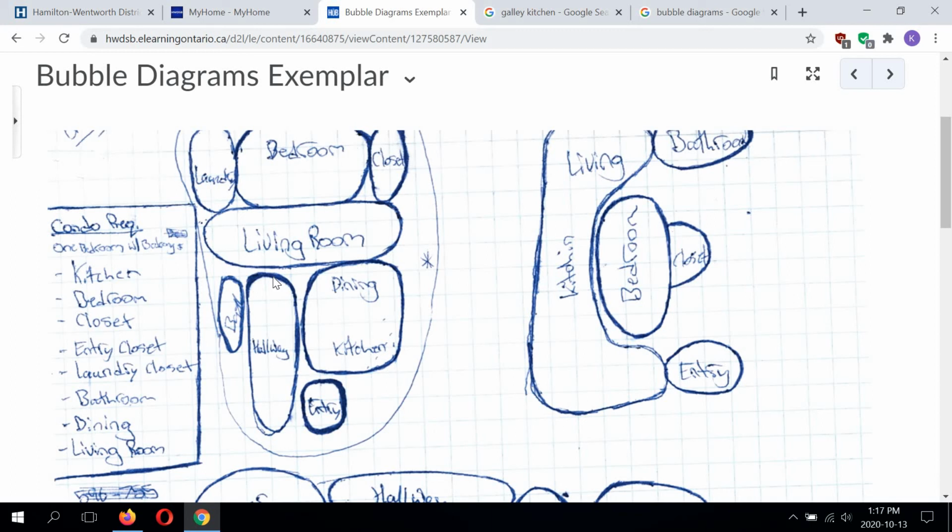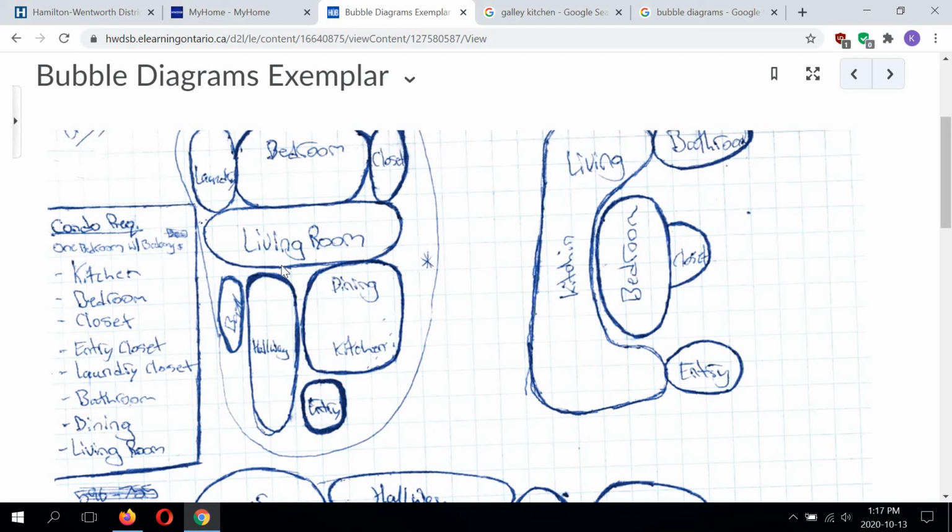But again, I think you just need to keep these things simple. You don't need to draw the bubble really fancy. The only bubble that should really be different should be the way that the galley kitchen bubble looks, because we know that a galley kitchen has to be long and narrow. That we know. Your bathroom would probably be drawn as a smaller bubble. Think about that. A bathroom is not super large, right?